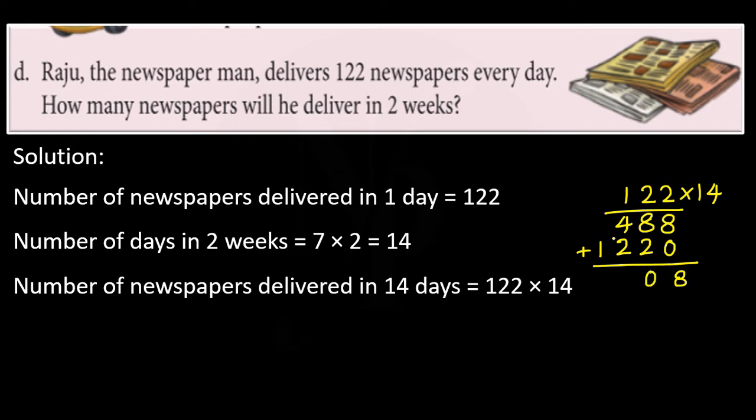We write 0 here, 1 is carried forward. 4 plus 1 is 5. 5 plus 2 is 7. And 0 plus 1 is 1. So we get 1708 as the product. So the number of newspapers delivered in 14 days is equal to 1708.